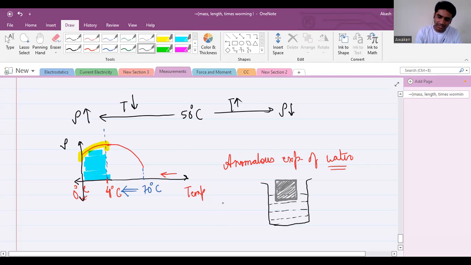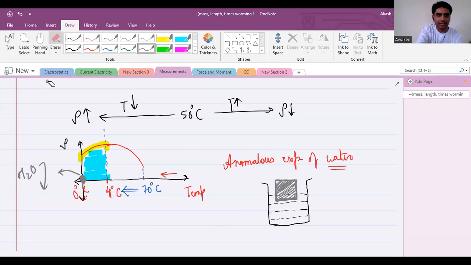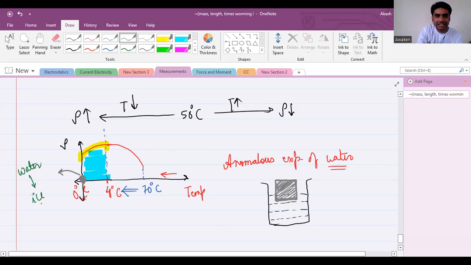I'm going to tell you something special. Hear it attentively. What happens when we cool water at 0 degree centigrade? Water starts converting into ice. I mean, H2O is both. Water gets converted to ice. And the density will increase or decrease? The density will decrease.